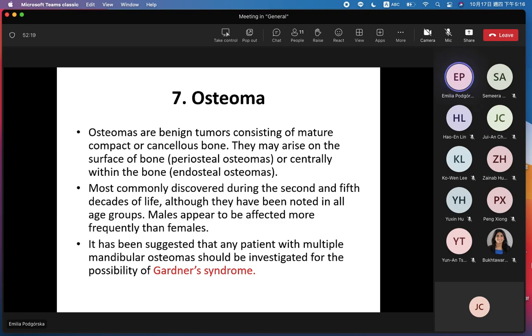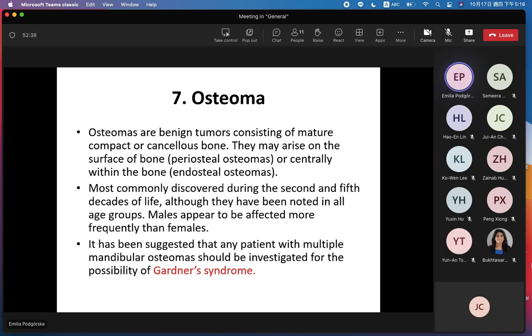And osteoma. Osteomas are benign tumors consisting of mature compact or cancellous bone. They may arise on the surface of bone, periosteal osteomas, or centrally within the bone, endosteal osteomas.